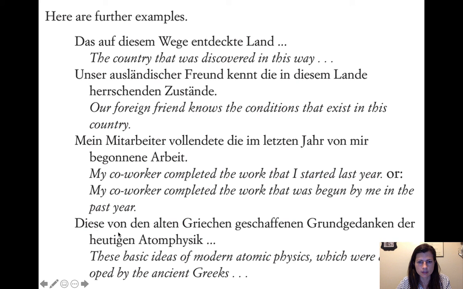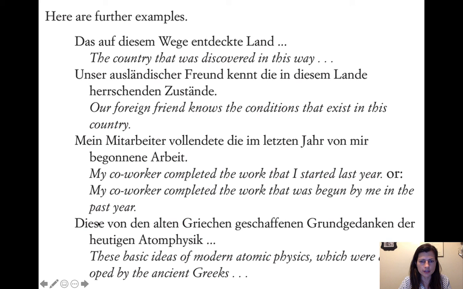These basic ideas, that's how it is. These basic ideas of modern atomic physics. So Grundgedanken der heutigen Atomphysik, that all belongs together. It's just this genitive here belongs with Grundgedanken, right? Basic ideas of modern atomic physics. So that all belongs together.